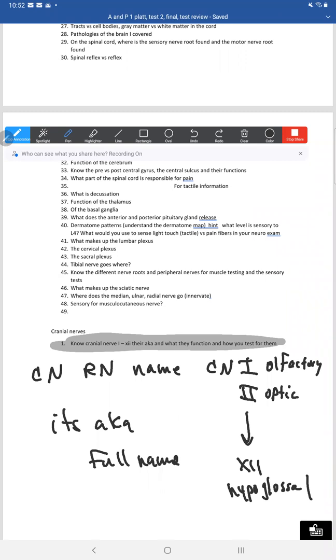Okay, so now I'm just doing some of them, right? You'd have to fill in the rest. And then what they function. So cranial nerve 1 functions smell, cranial nerve 2 is vision, cranial nerve 12 is swallowing and the tongue. So that's their function. Then how do you test for these things? And the same for cranial nerve 3 through 11.